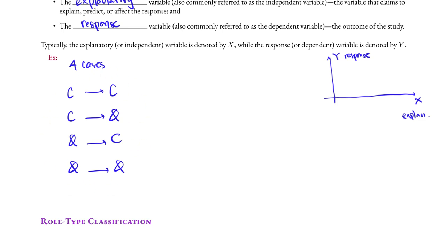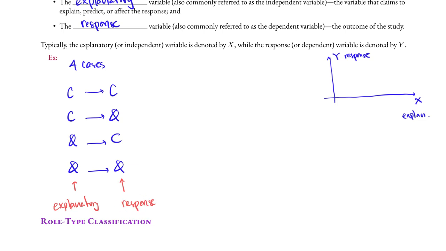The left column represents the explanatory variable, and the column on the right represents the response variable. So in this case, the left column is on the horizontal axis and the right column is on the vertical axis. In each of the 4 cases, there is an explanatory variable and there is a response variable.